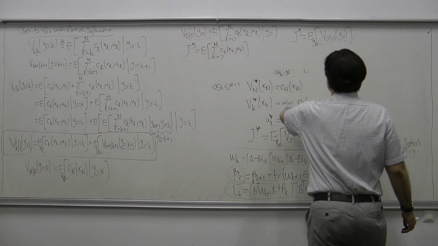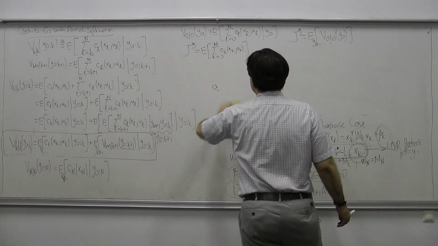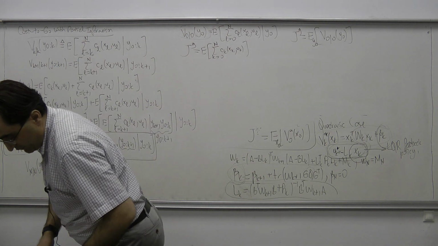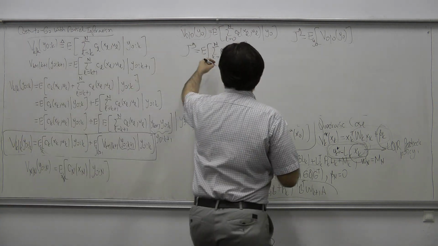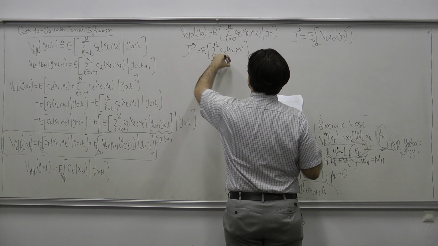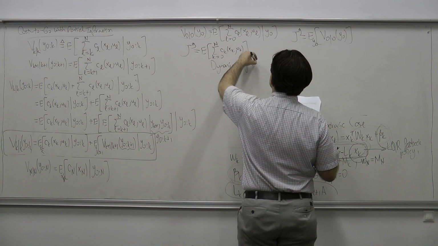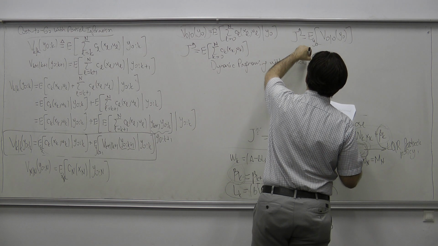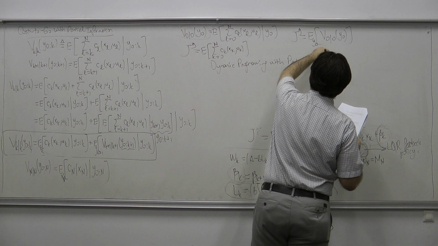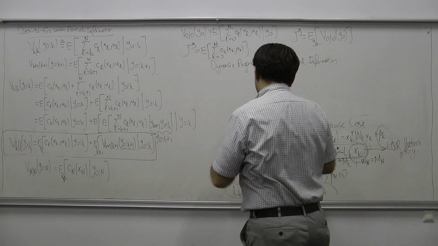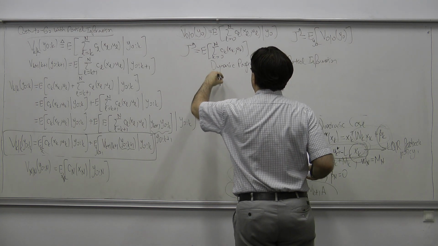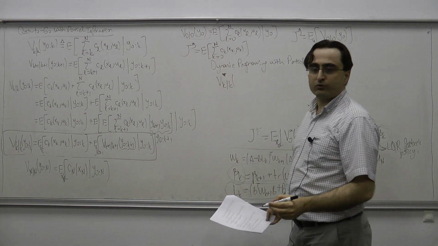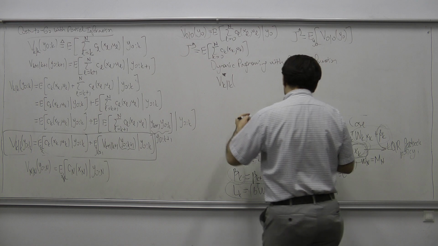So I would erase this part. Dynamic programming with partial information. In this case, we are going to define Vk given k star, the optimal cost to go, which is the value function.